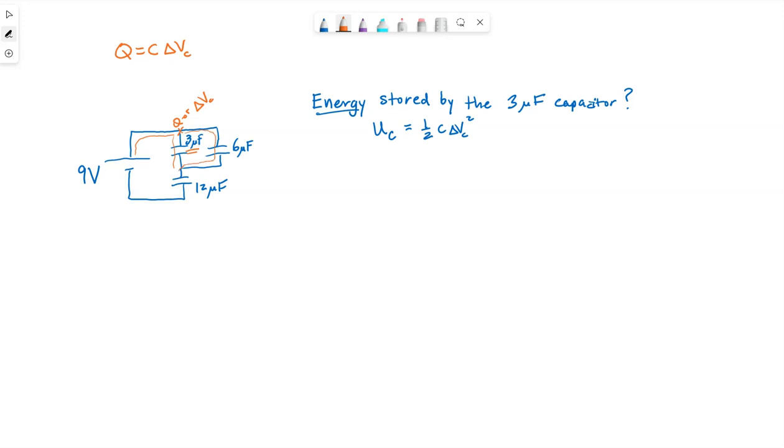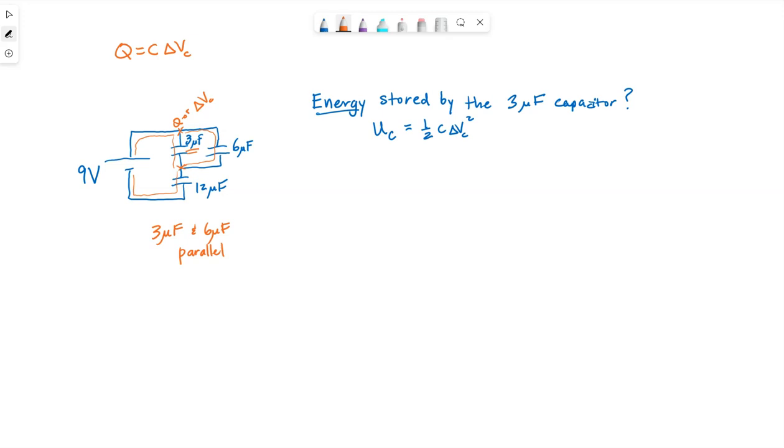But notice, regardless of which one I pass through, to continue my path back to the battery, I then have to pass through the 12 microfarad capacitor. I can totally say that the 3 microfarad capacitor and 6 microfarad capacitor are in parallel because I had a choice. I did not have to pass through the 3 and the 6.